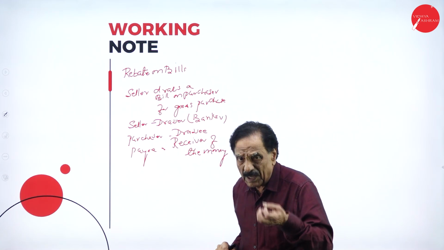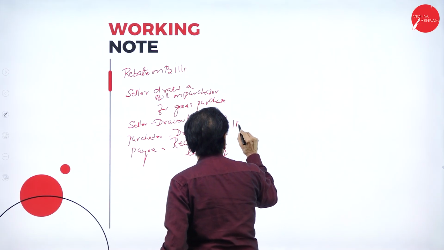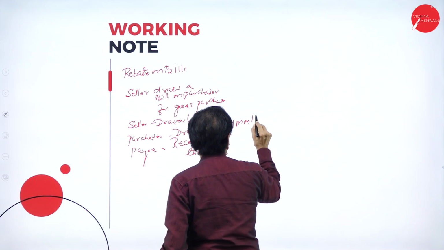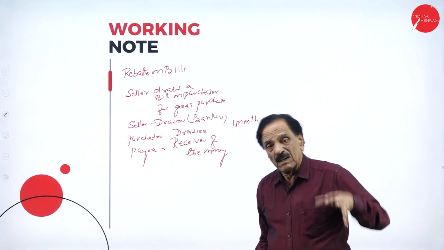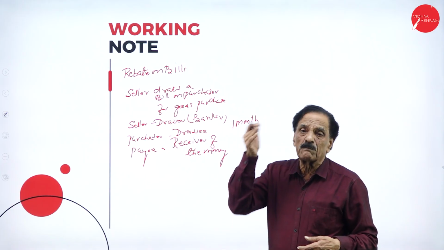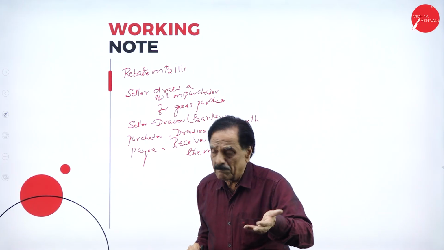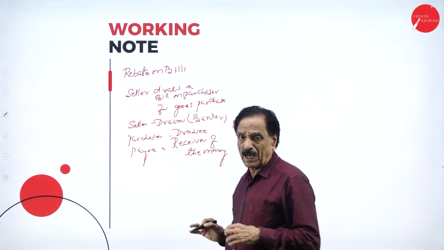So instead of the drawer, the banker will take about 1 month to pay the money. By chance, if the purchaser pays the money within 20 days, for some rebate he will go to the banker and show that I will pay the money, because the bill is with the banker now.